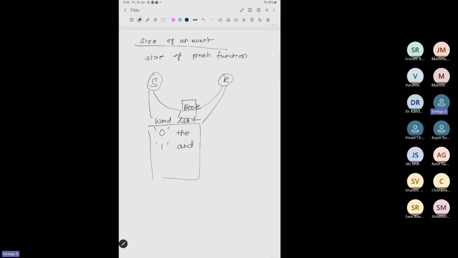Then instead of sending the complete book, you send only the codes to the receiver. So the global context between the sender and the receiver is the word list, and how many codes you are sending depends on the number of possible words. So the number of possible words affects the amount of information to be sent. Is it clear?